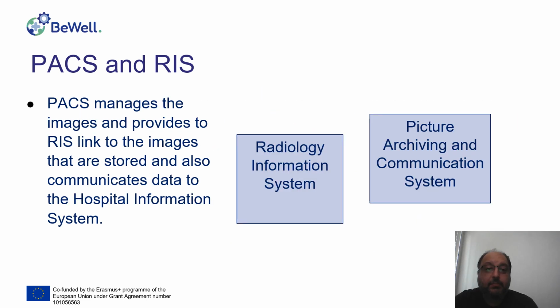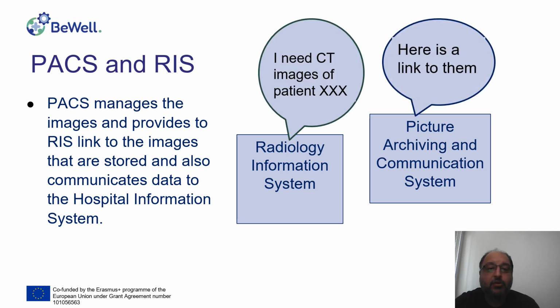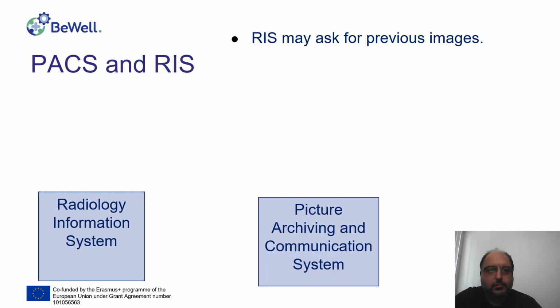In the meantime, the radiology information system requests information from the picture archiving and communication system about the study, and once the study is ready, the picture archiving and communication system provides a link to the images to the radiology information system, which may provide this link to the hospital information system, for example.